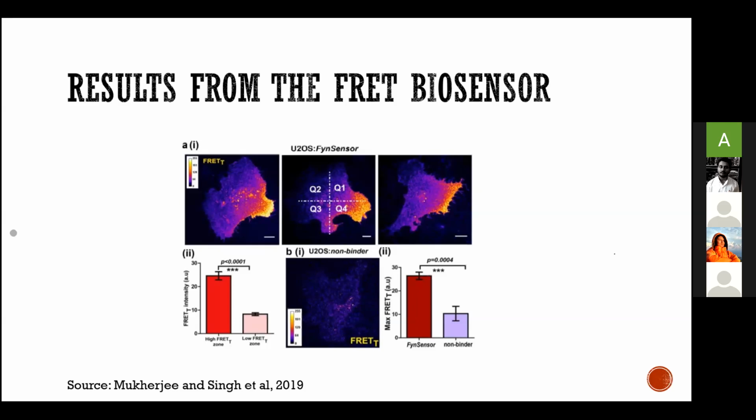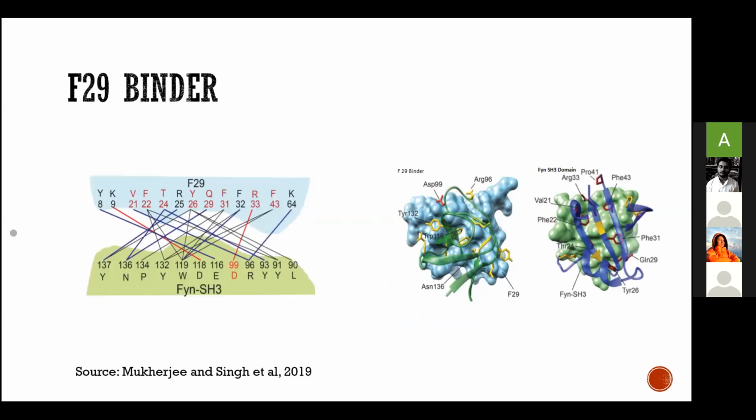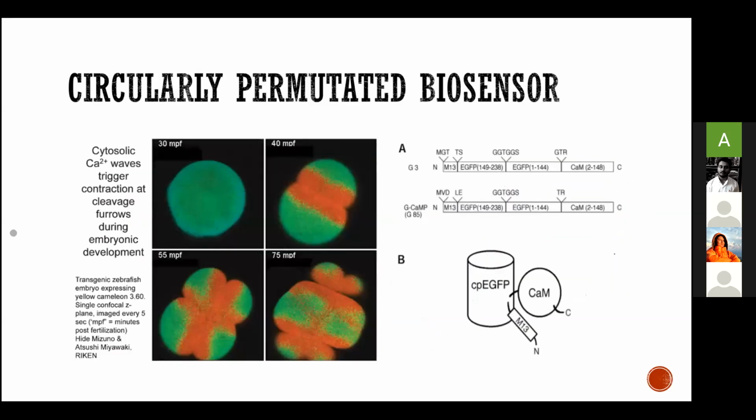When you make a biosensor, as you can see in this diagram, here you see the protein structure. We do not take the protein and put it in the cell.